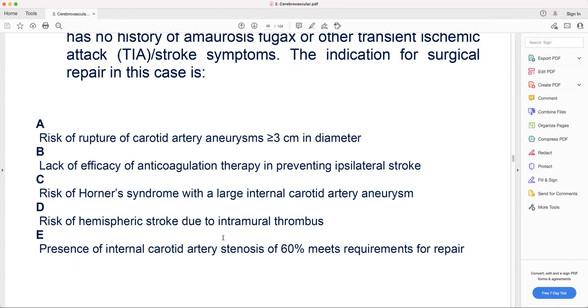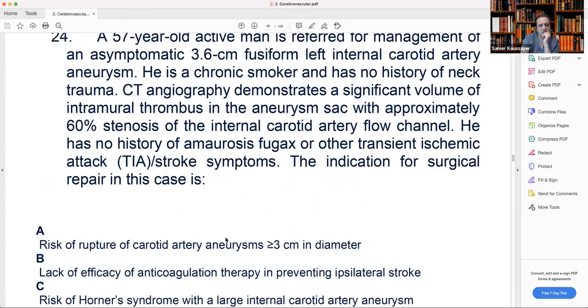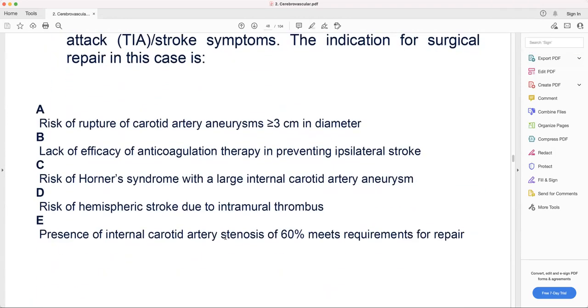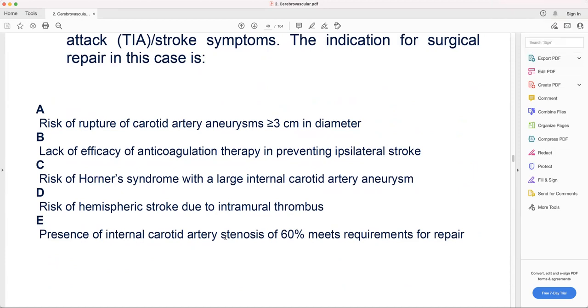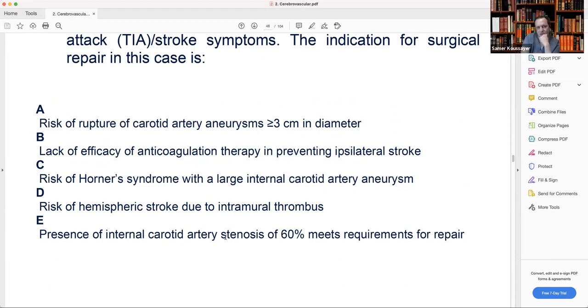If we can treat this patient, doctor, how do we approach him for definitive treatment? Depending on the age. How old is this guy? 57, you consider as young. I always prefer resection and interposition vein graft. This is the best way. Some people put a covered stent, but I don't like it. Covered stents don't work very well in the internal carotid because they are thick and the internal is small.